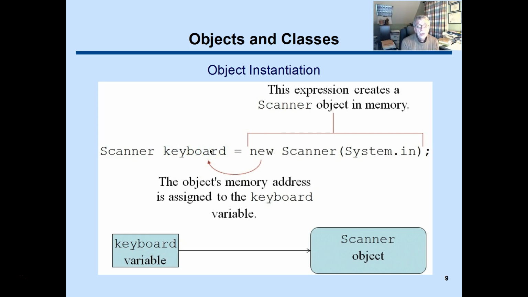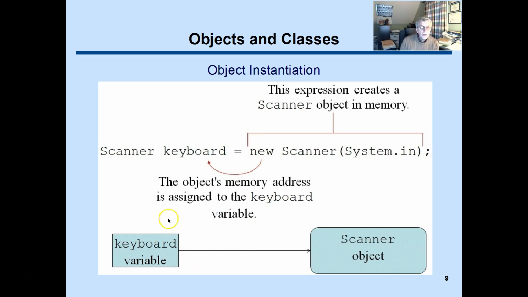We can just use keyboard to qualify references to the methods for this particular object that got created. And that's something you should be quite familiar with already. Having worked with Scanner and PrintWriter and String and invoked the methods, the concept is not new to you. This is really a refresher. Hopefully you're quite comfortable with this.